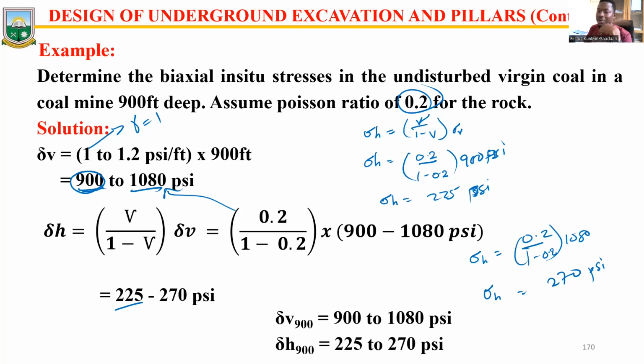Okay, so now let's make things simple. Everyone, wherever you are, if you have a sheet, try to work this out. Assuming we have done the test and we realize that the value is 1.08. What will be the answer we are going to have for vertical and horizontal stress? Let's work it out. So we have gamma equal to 1.08.